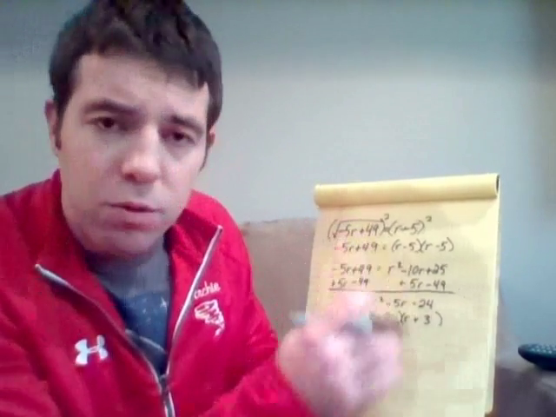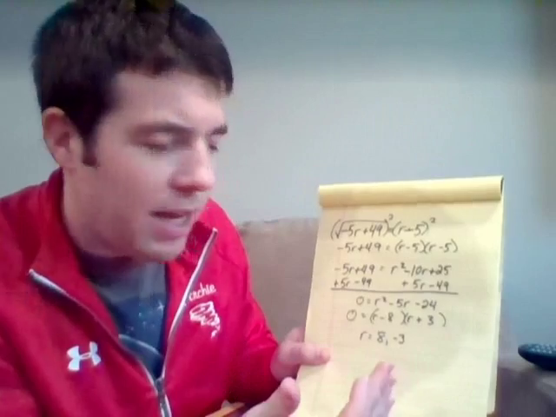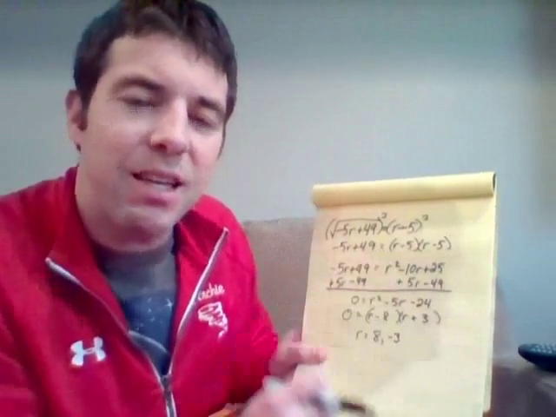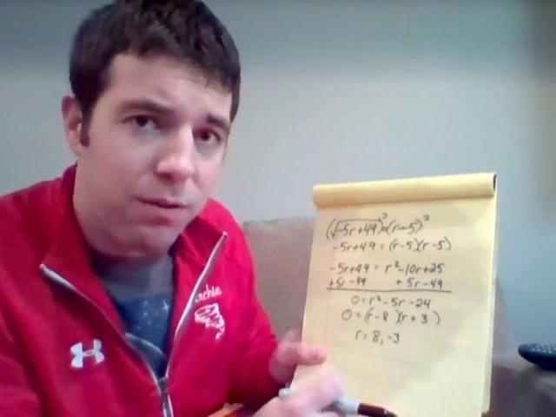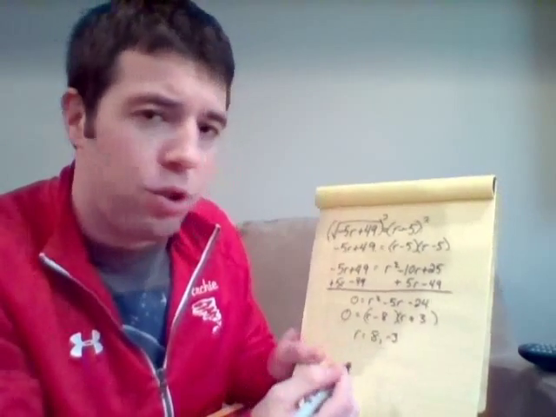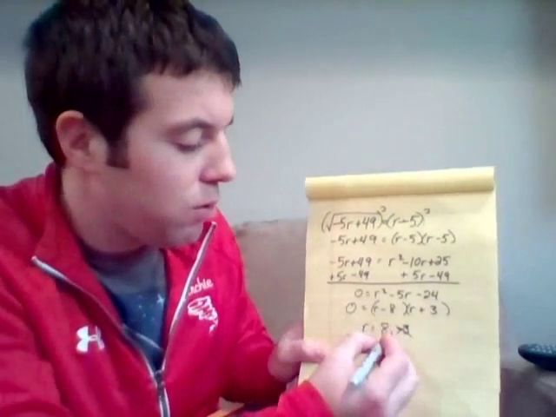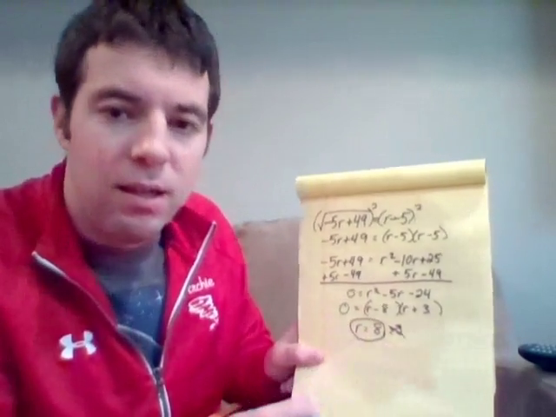Square root of 64 is 8. Negative 3 minus 5 gives you a negative 8. There's no way radical 64 can ever give you a negative, so you know that negative 3 is not your answer. So r equals 8 is your answer.